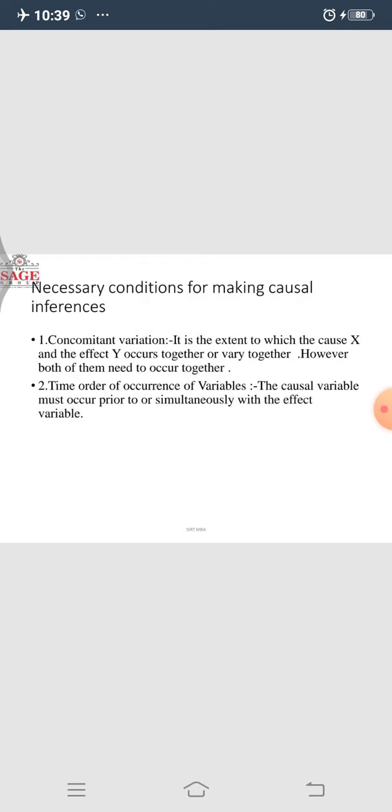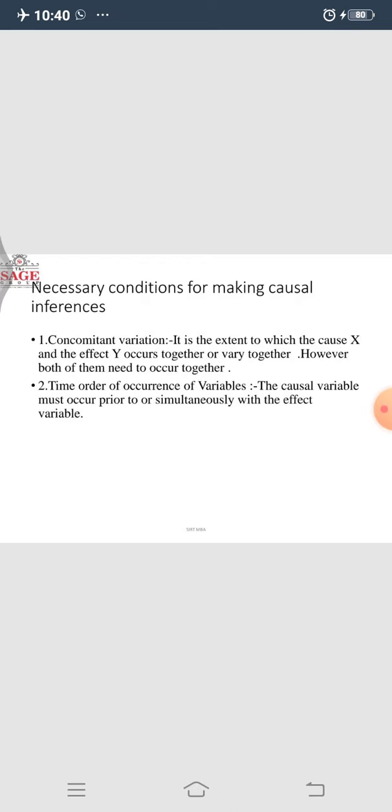They are occurring together. These are a few conditions that, if they are fulfilled, will establish a cause and effect relationship. So first is concomitant variation. You have understood that the cause X and the effect Y have to occur or vary together.